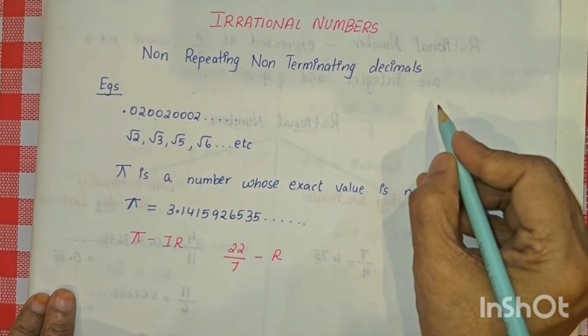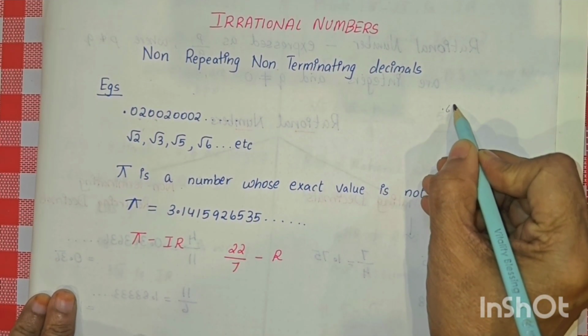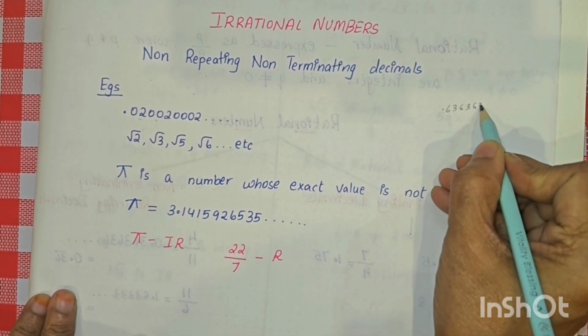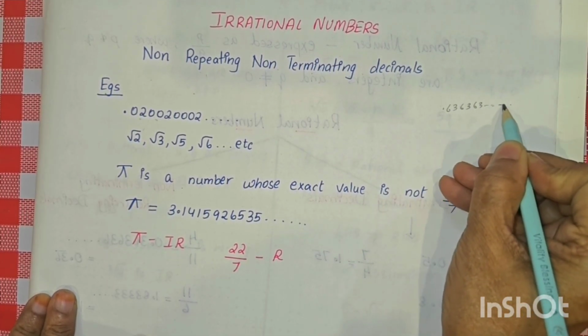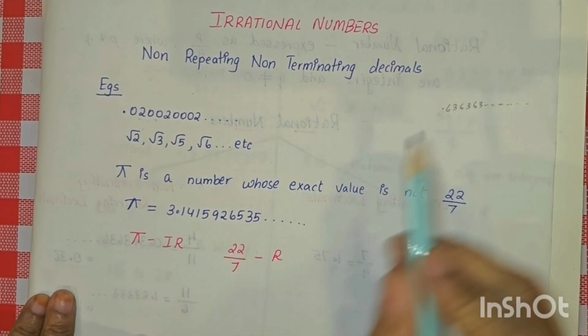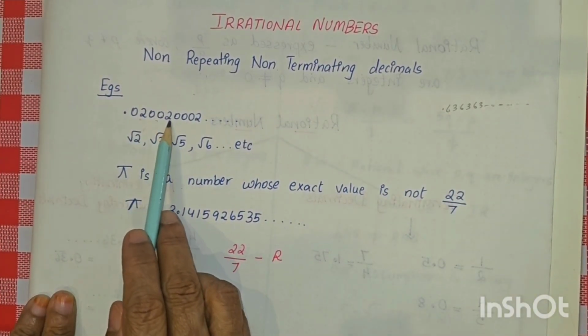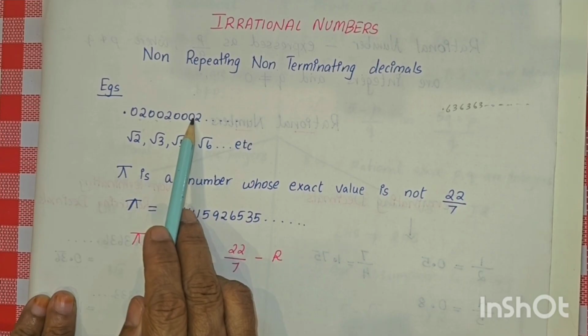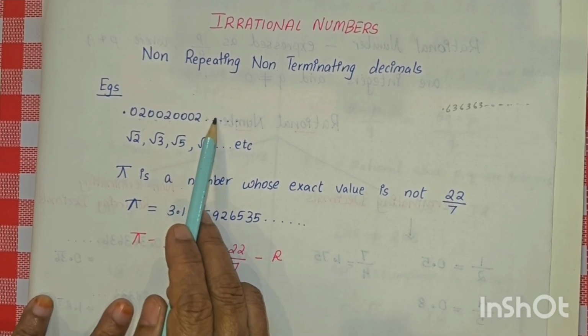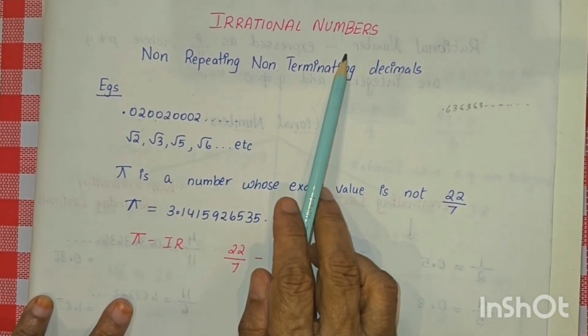The earlier one was like 0.63, 63, 63, where 63 was getting repeated, recurring. But here 2, 0, 0, then again 2, then 3 zeros. So these types of numbers are irrational numbers.